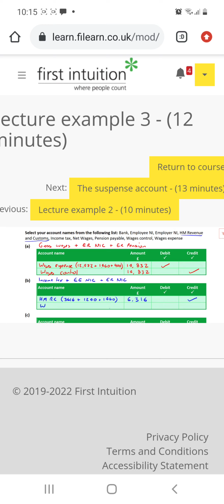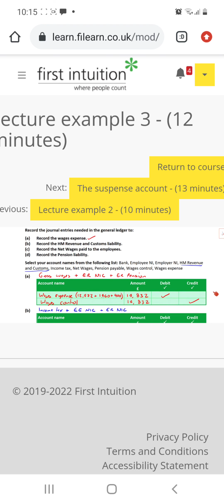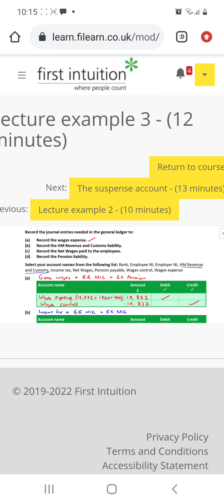The other side of the entry, as we're getting familiar with now, goes to wages control. So it obviously has to be the same number, and therefore that needs to go on the debit side, just to make sure the journal does in fact balance. So that was part B, and our bit that we've done for Revenue and Customs. So we can tick that off, we've done that.